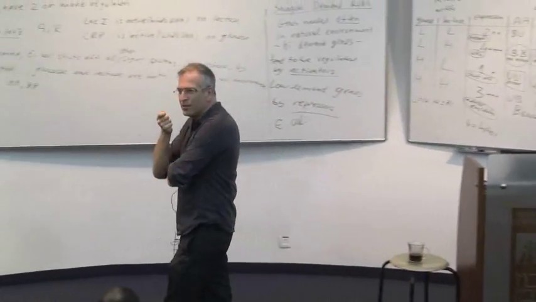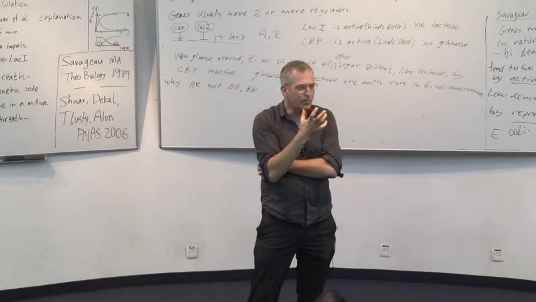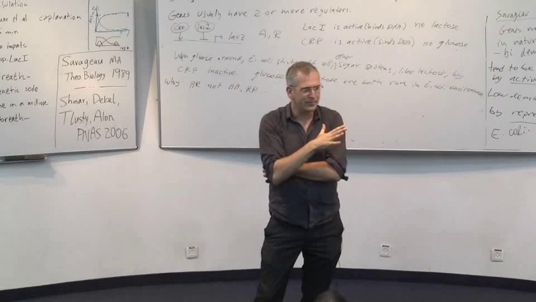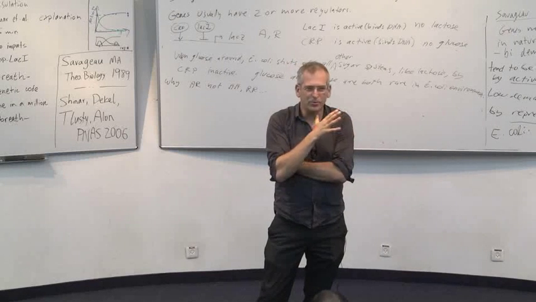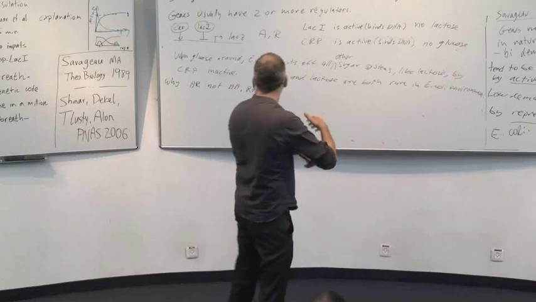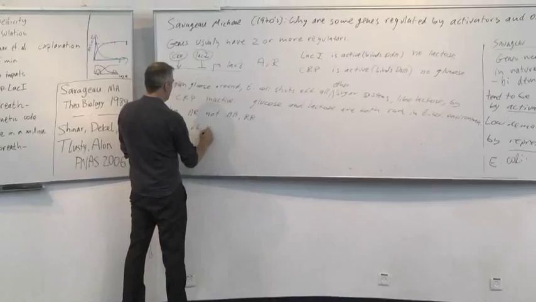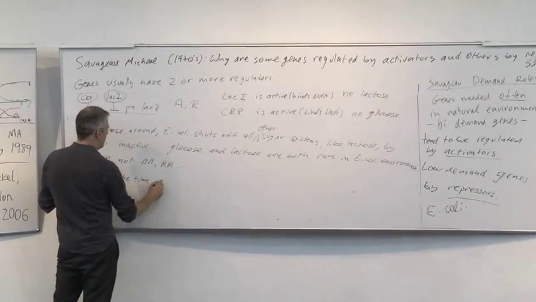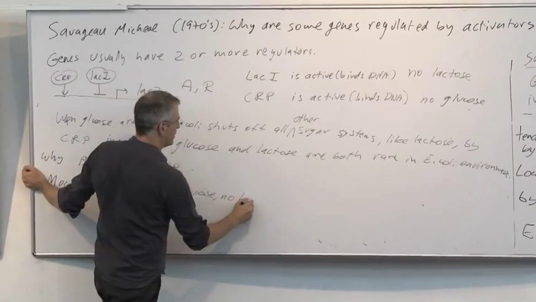So the question now is in the environment. According to our principle, our principle is make the promoter bound most of the time. So if we now look at the environment, what happens most of the time? Most of the time, no glucose, no lactose, right?